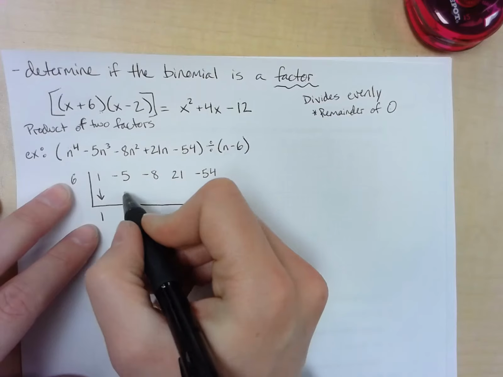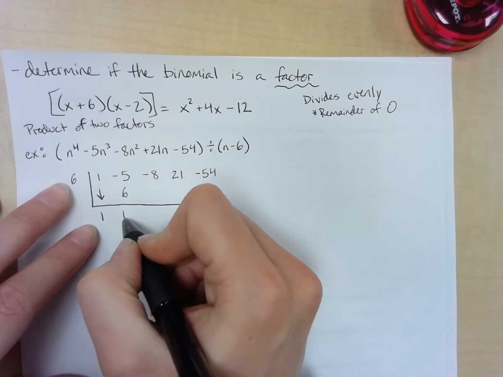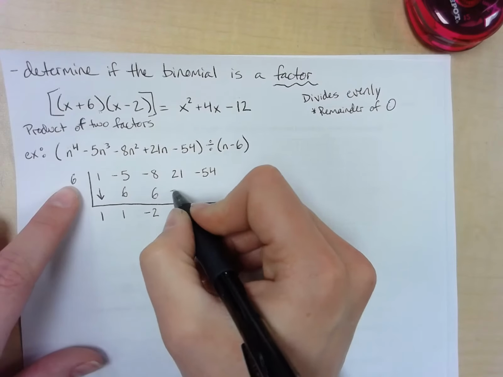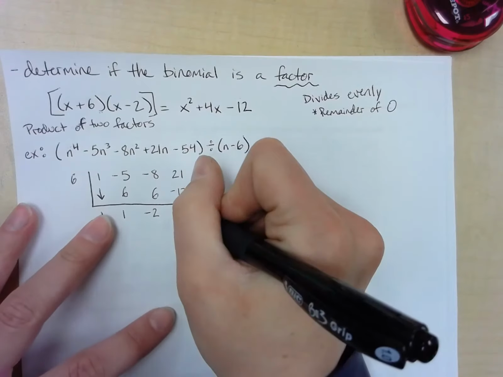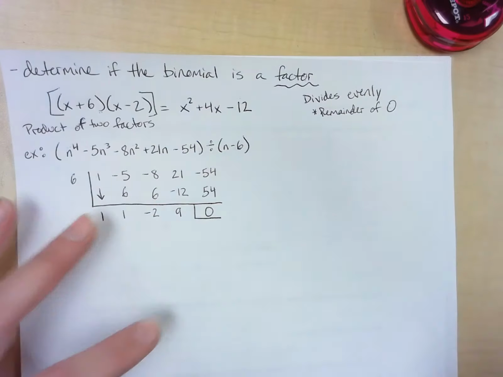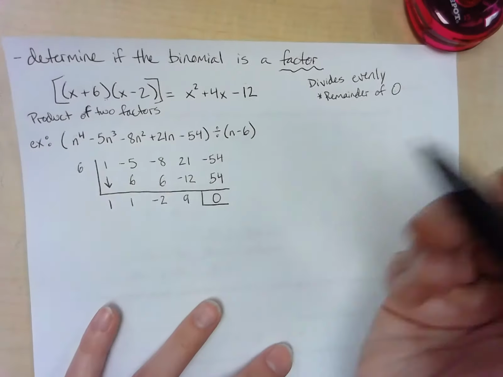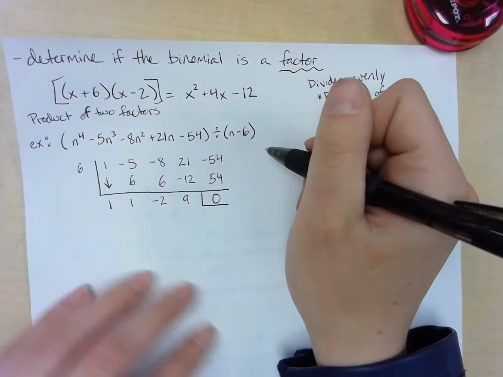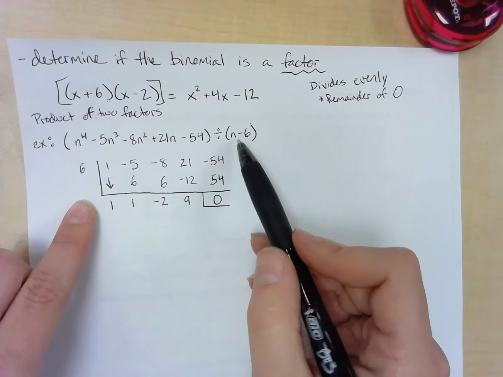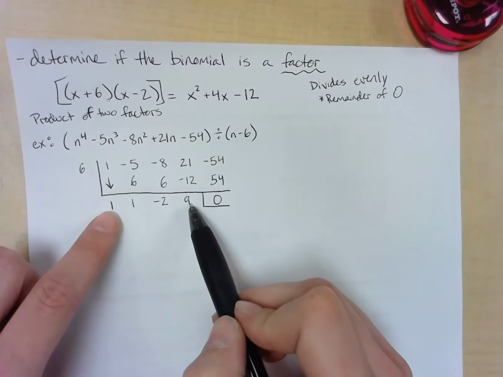Drop, multiply, add, multiply, add, multiply, add, multiply, add. Okay, so the answer is yes, it is a factor. So now to write it as a product of two factors, it's really n minus 6 times this stuff.